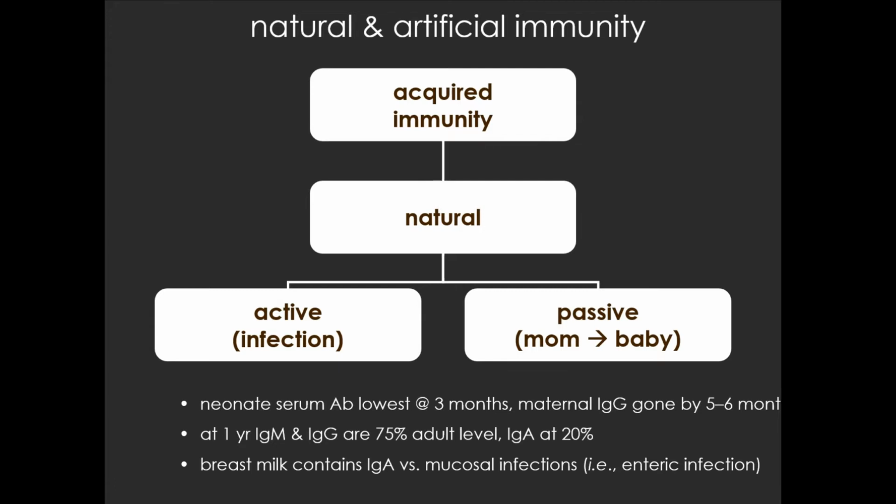What we really haven't talked much about is the one way that you can acquire immunity naturally in a passive fashion. And what I mean by passive is that you are receiving antibodies. Your body is seeing antibody to infection rather than antigen to infection. And the only way that this is possible naturally is from mother to baby via placental transfer and via breastfeeding.